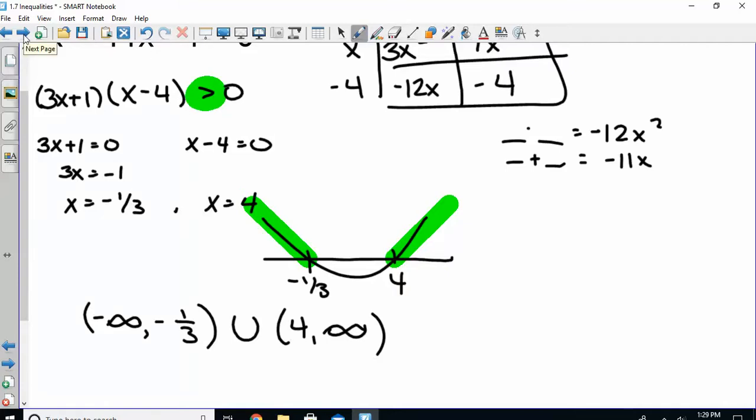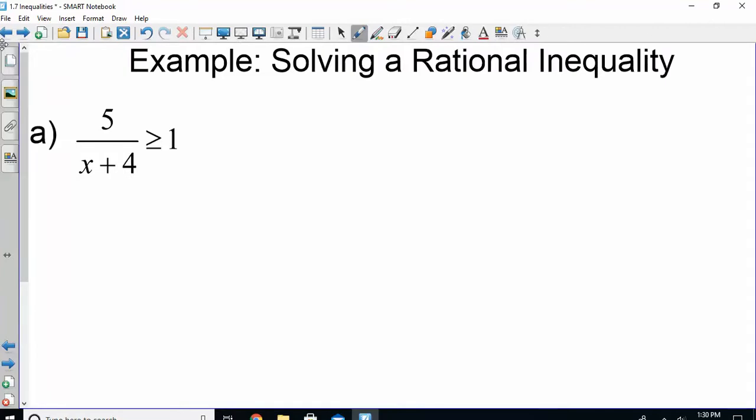The last piece of this section. So Friday we did the regular inequalities and we did the quadratics. The final piece, these are rational inequalities. They have a fraction in them.